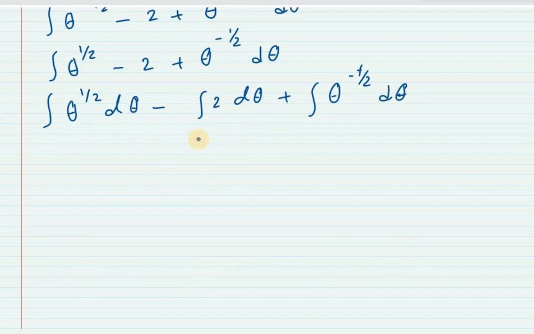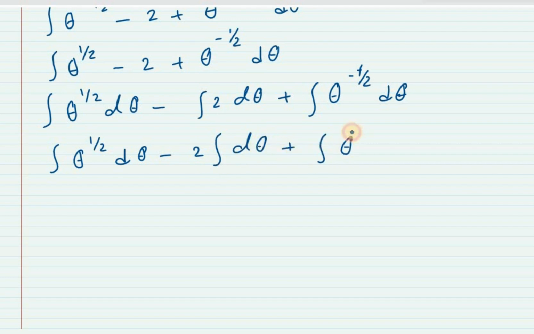Now next step we do a small thing: the 1/2 d theta, we will write outside of the integral, and the rest of the equation remains the same.